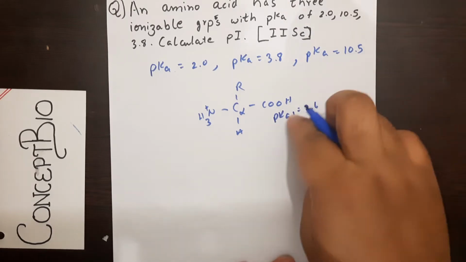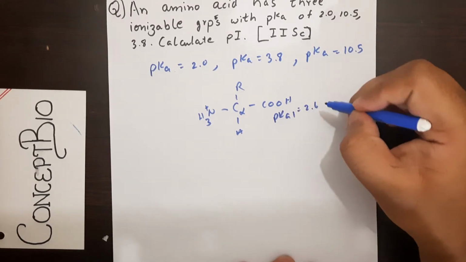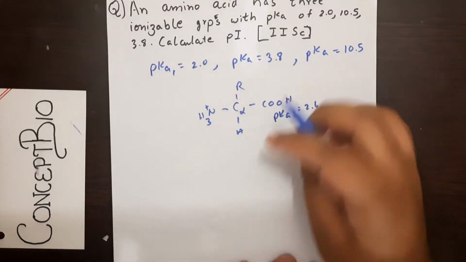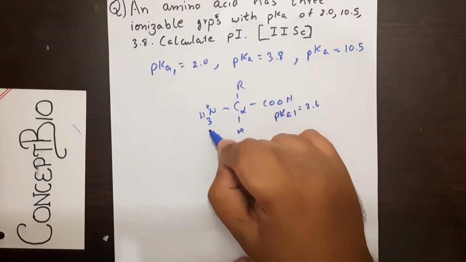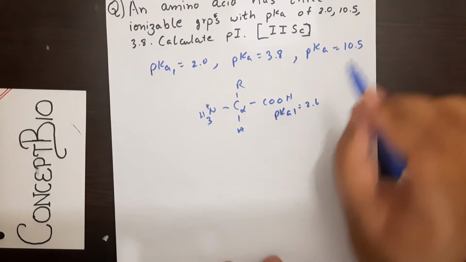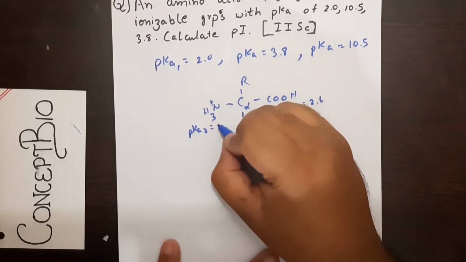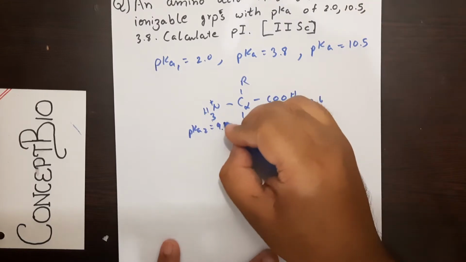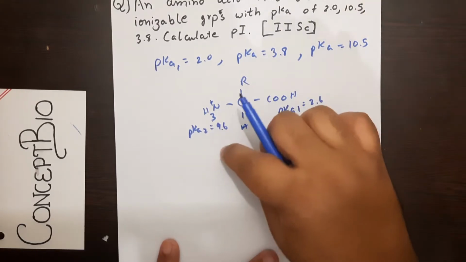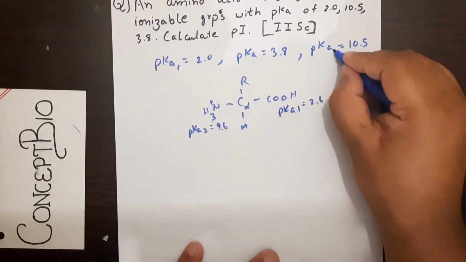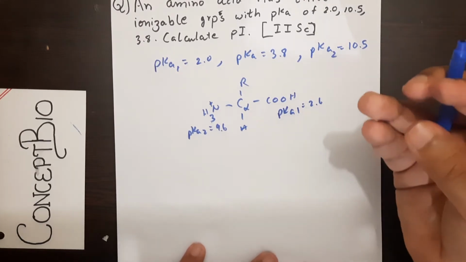Around the range, so it will never go above 3. So we know 2 points, this pKa, this is 2, is going to be pKa1. Now the amino group, pKa2 will always be around the value of 9.6. So we know this has to be pKa2. And I'll tell you another reasoning why.